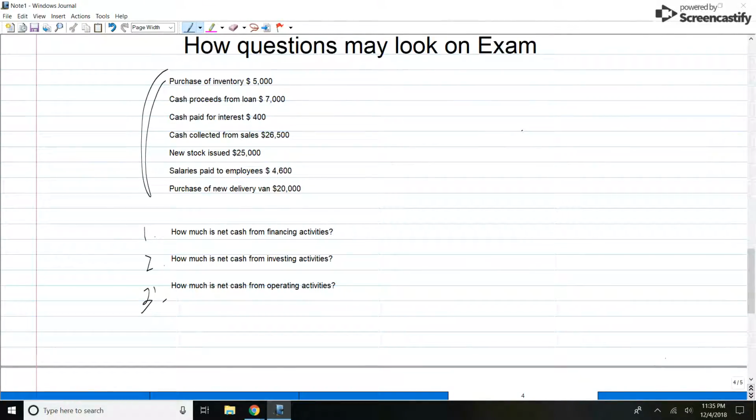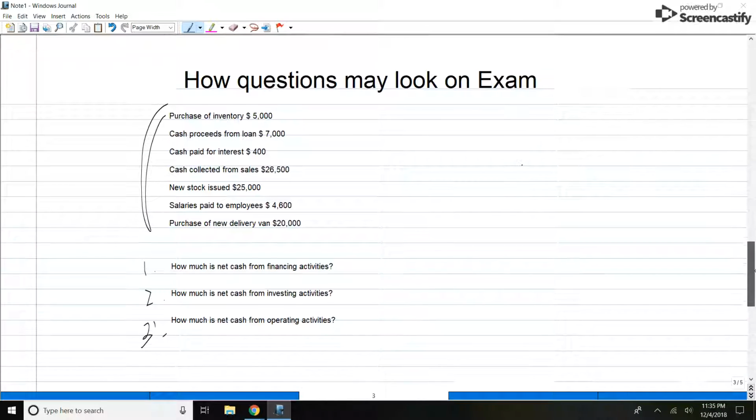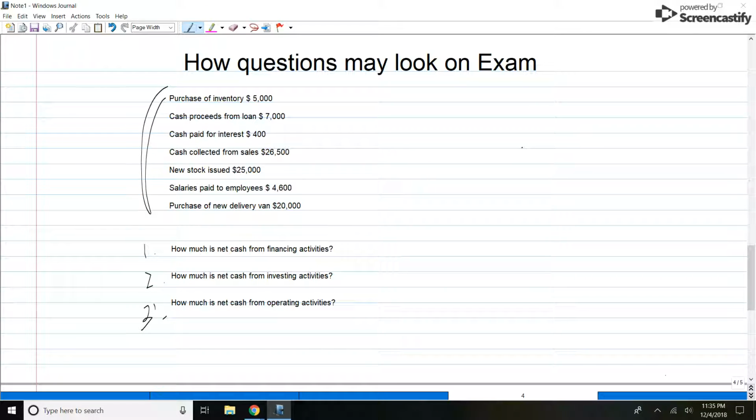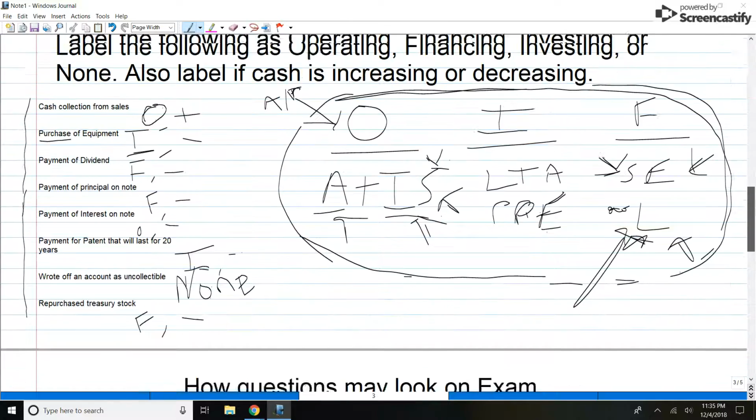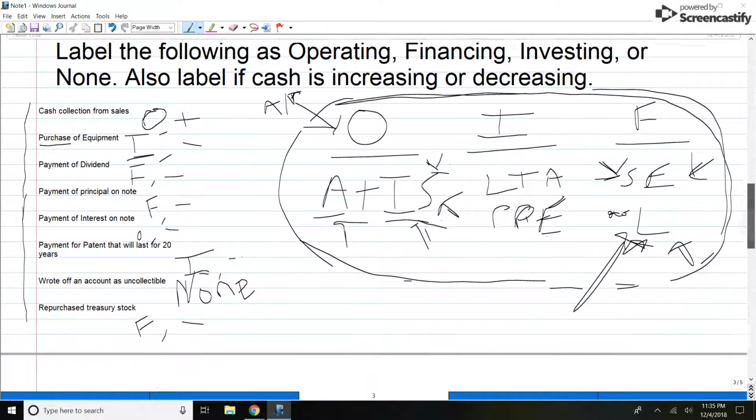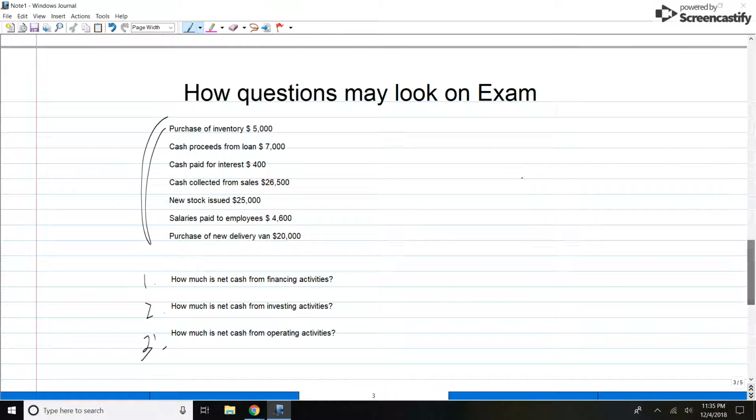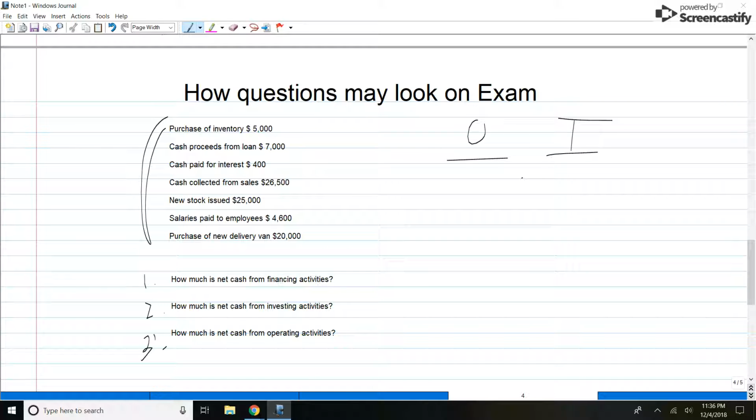After that, let's head back to the question I said we were going to talk about first. When you're doing these, just do what we did here and start by labeling them and saying if they're increasing or decreasing by the given amount. I would also keep a little chart going as you go through the problems. The first one, purchase of inventory, is obviously an operating activity, and it's going down. Cash proceeds from a loan is financing, and it's a plus.